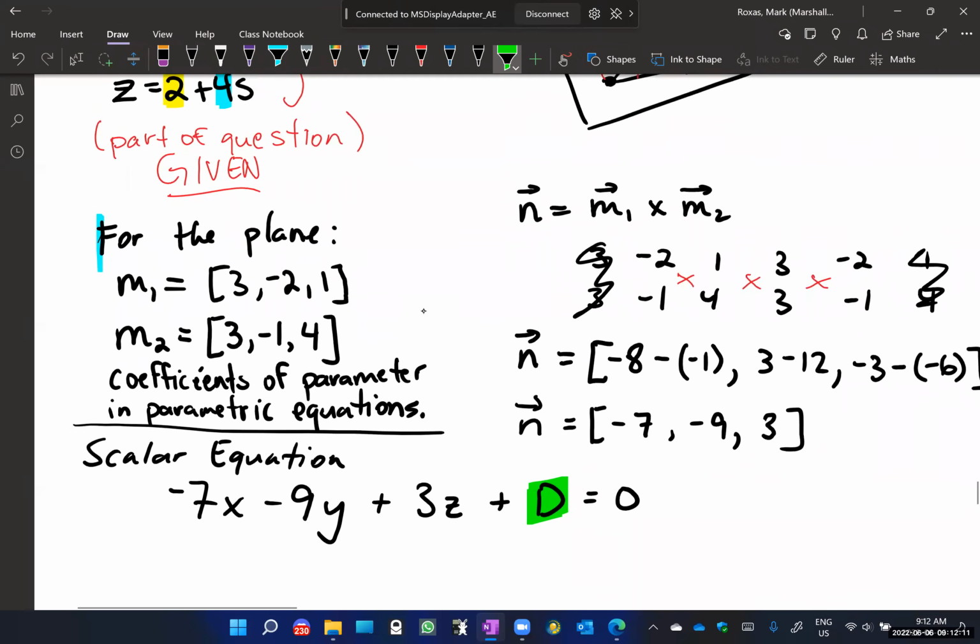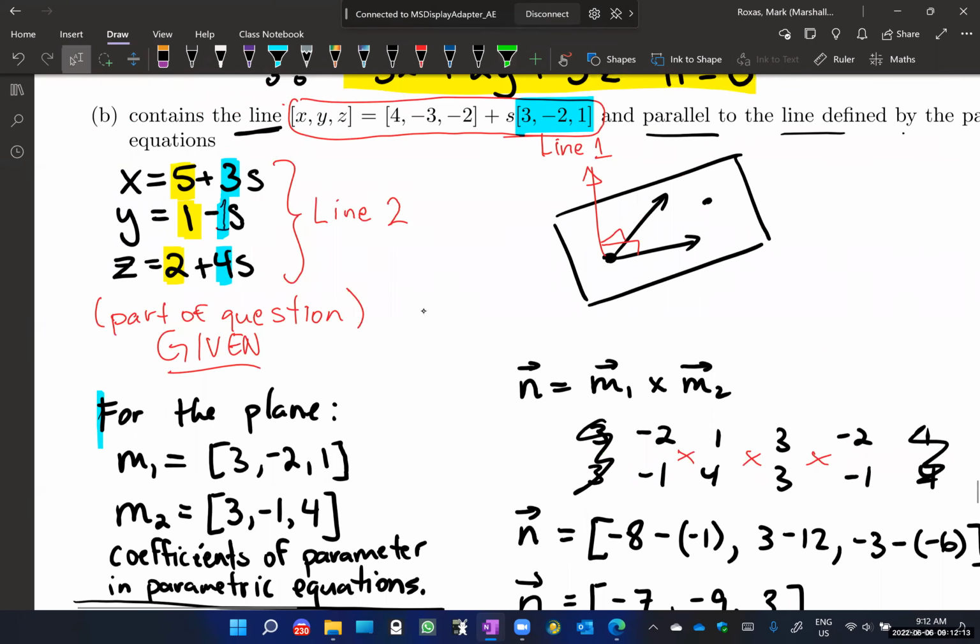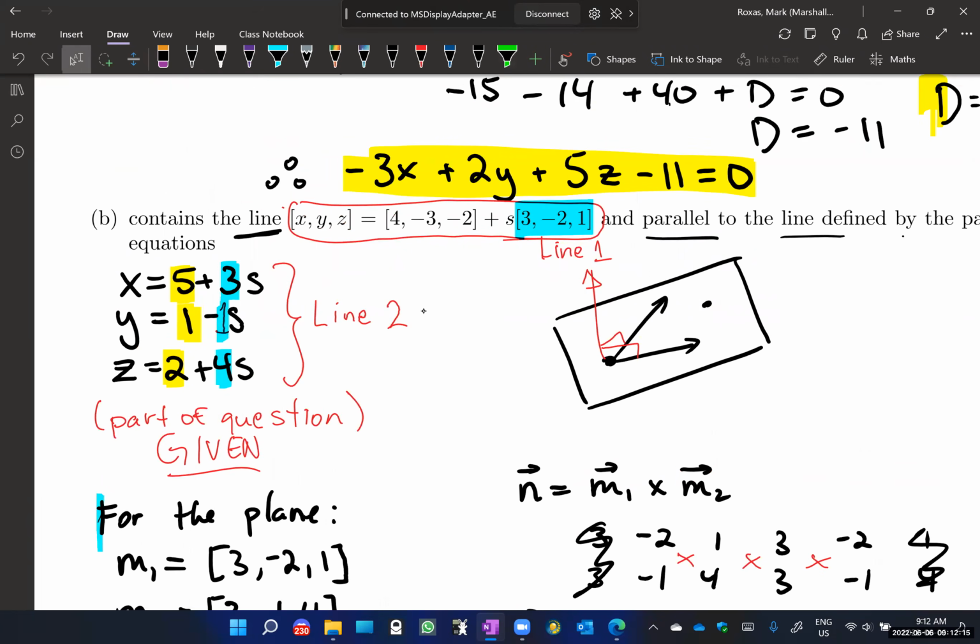Go back to the question. It doesn't give you one explicitly, okay? But you're told the plane contains that line with the vector equation. And that vector equation does contain a point, 4, -3, and -2. So if that point is on that line, and that line is on that plane, then that point is also on that plane, right?